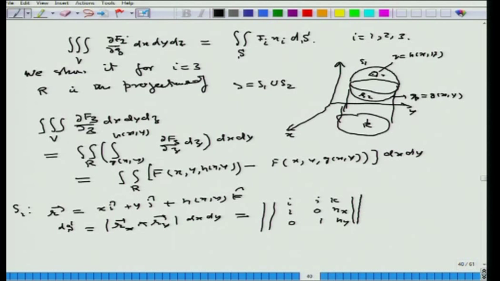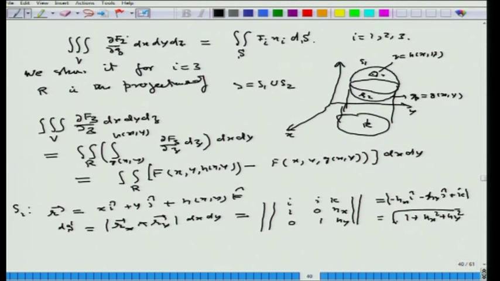So, we get minus h x i minus h y j plus k, and its magnitude is the square root of 1 plus h x squared plus h y squared.